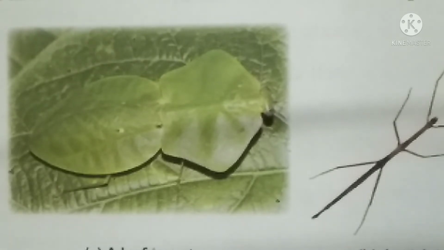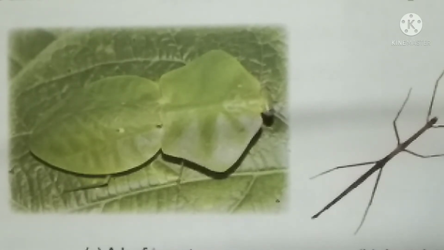I told you it rains most days, so when the rain falls on the leaves, the water needs to fall off from the surface. The leaves of the plants will not allow water to stay on them, because when water stays on a leaf, it may get rotten or decayed very easily.